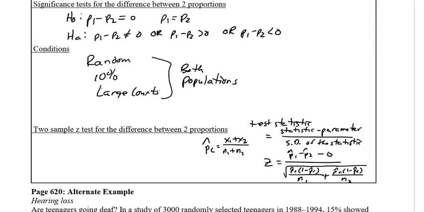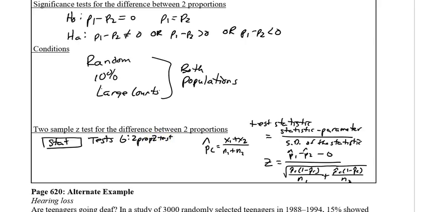So on the calculator, we're going to do it this way. It's stat. Then you go over to tests, and it's number 6, 2-PropZTest.